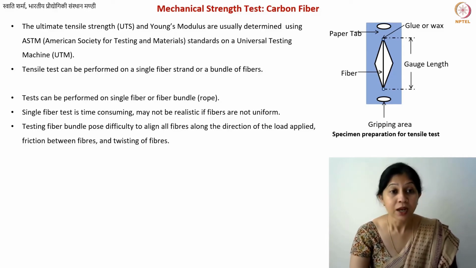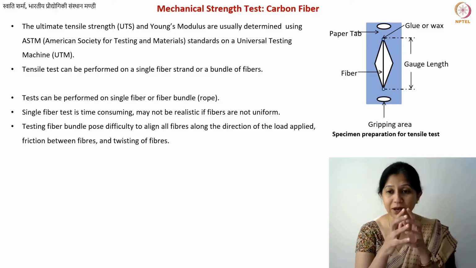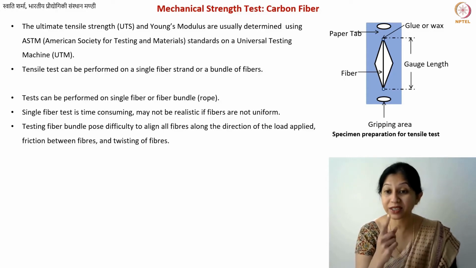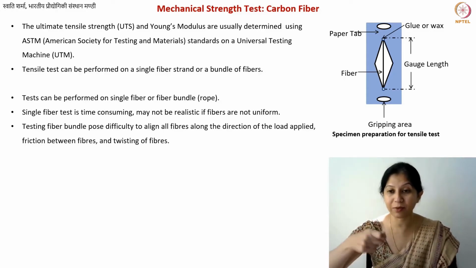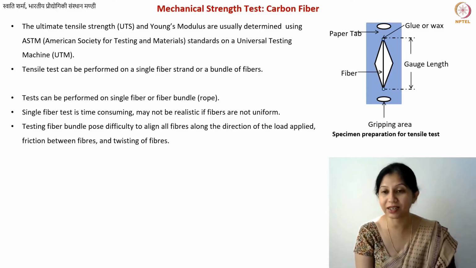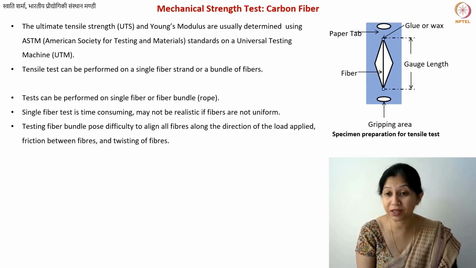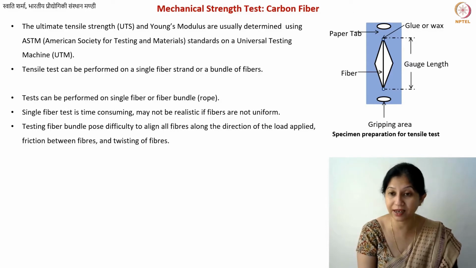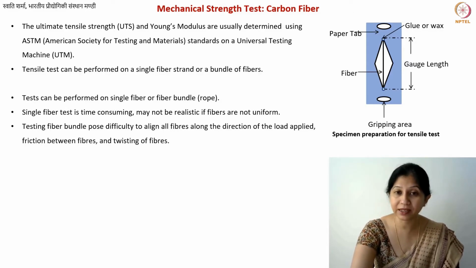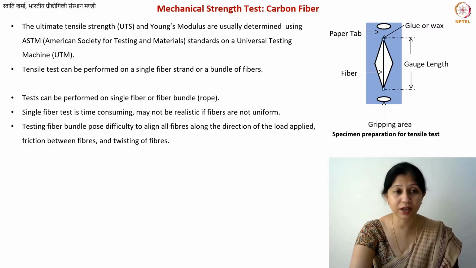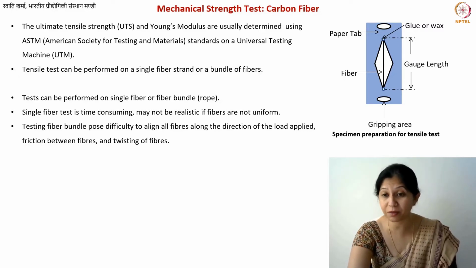For example, the fibers may get entangled. There may be twisting of fibers. You need to have them in tension, right? So you need to have them straight, but that might not be the case. Some fibers may get entangled, and hence you may not be able to get the right values from that. There may also be certain friction between the fibers.